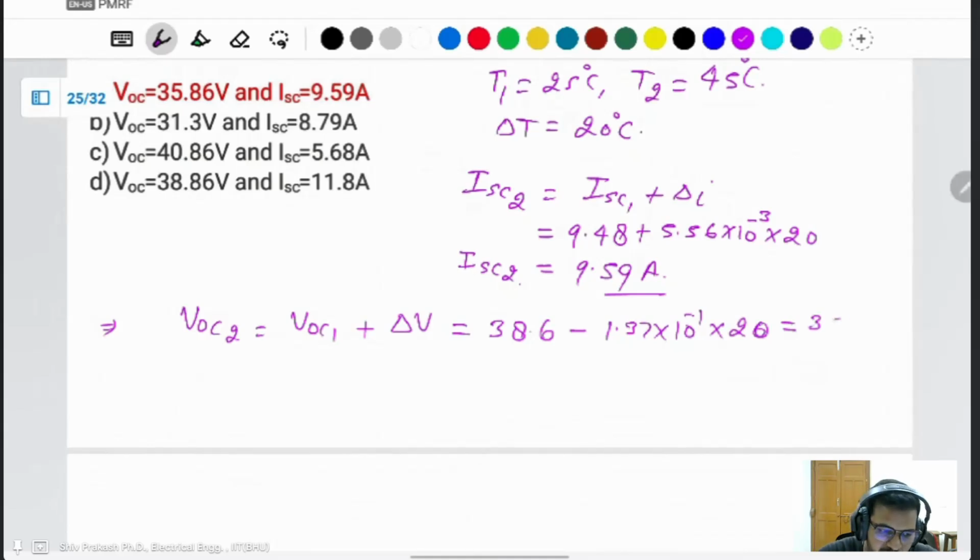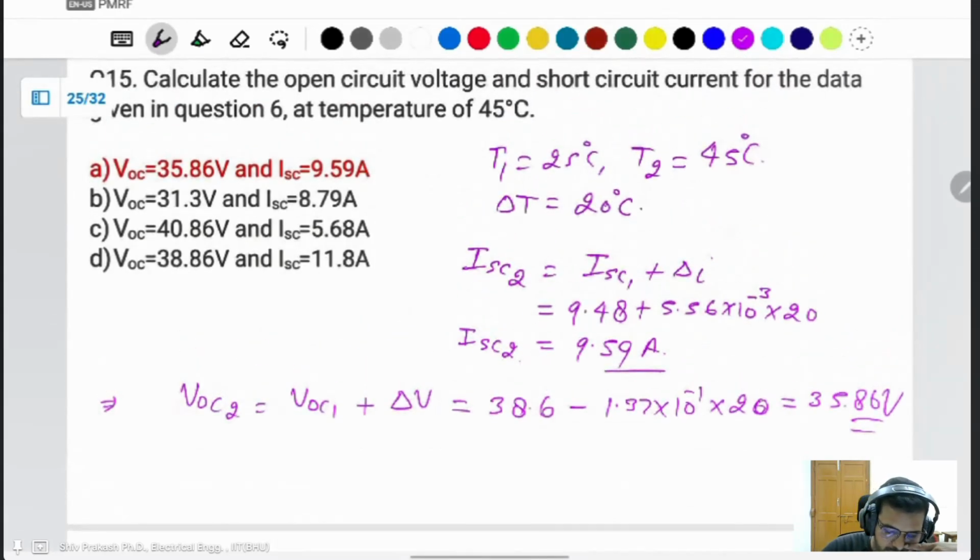It will be 35.86 volt. I think this is the first option.